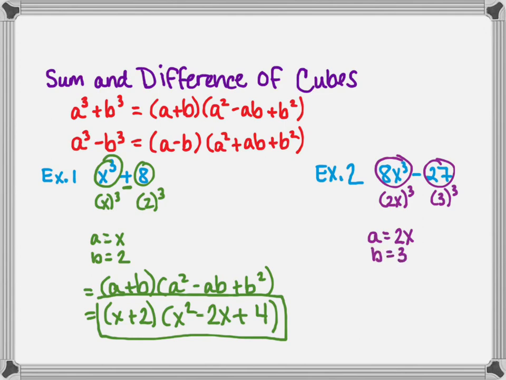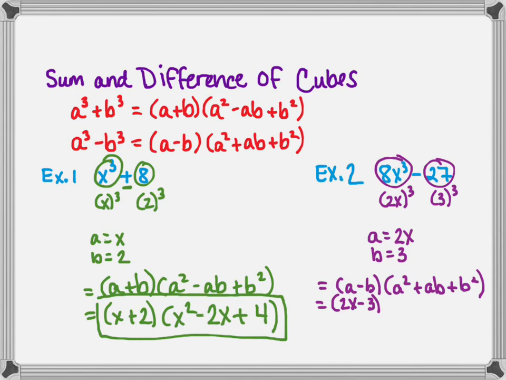This is a difference of cubes, so we'll use the difference of cubes formula, which says it factors to a minus b times a squared plus ab plus b squared. So let's substitute in 2x for a and 3 for b. So our linear factor is 2x minus 3.